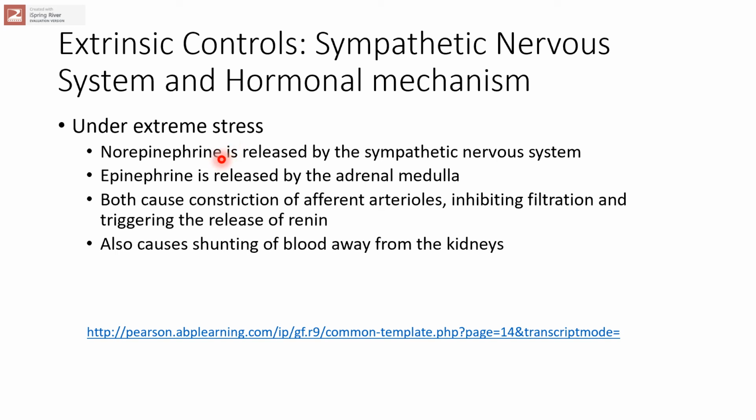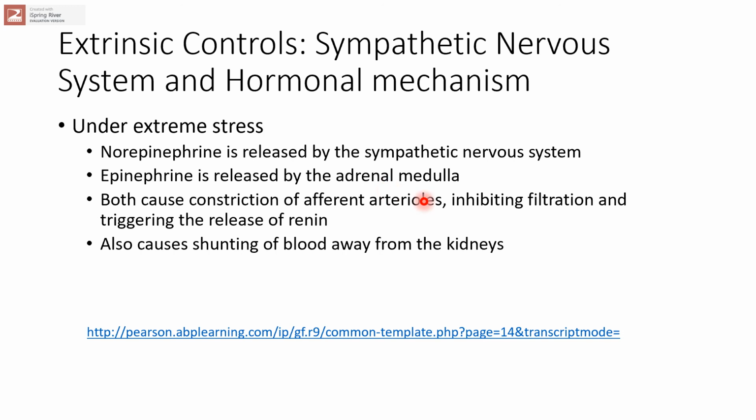Now, under extreme stress, the stress hormones are norepinephrine and epinephrine that are released by the adrenal medulla, and both of these are potent vasopressors, meaning they cause vasoconstriction of afferent arterioles, and they inhibit filtration because they constrict the arterioles. So they prevent a lot of blood entering the glomerulus.